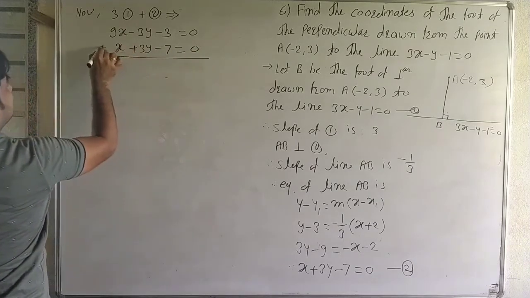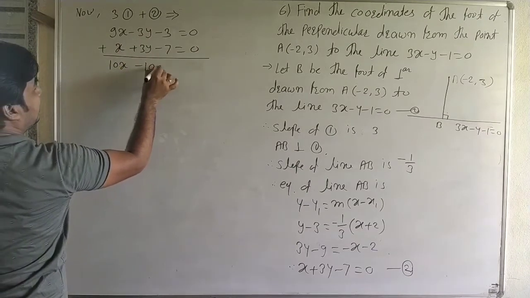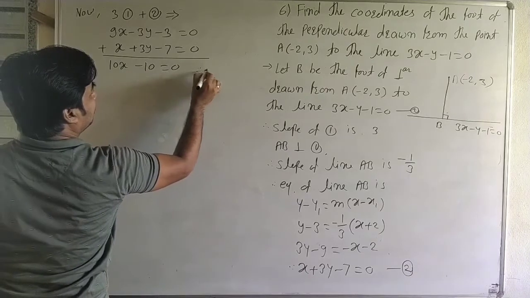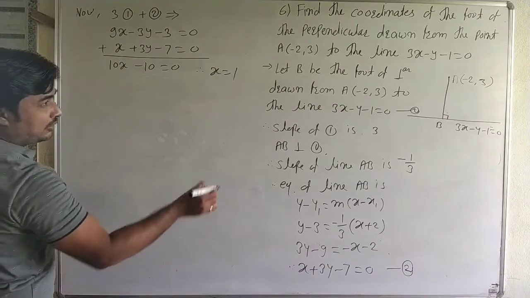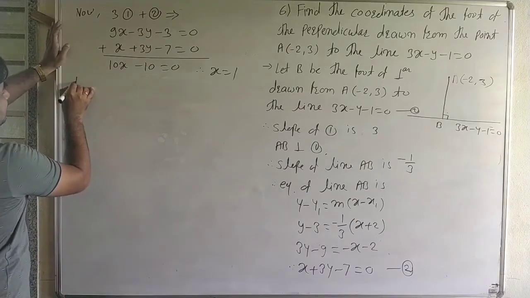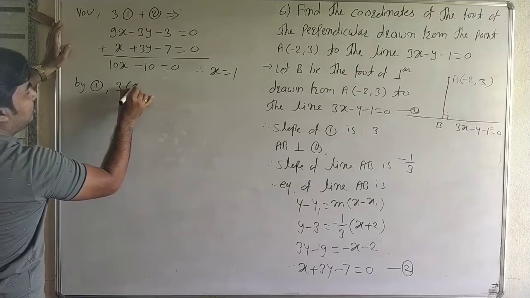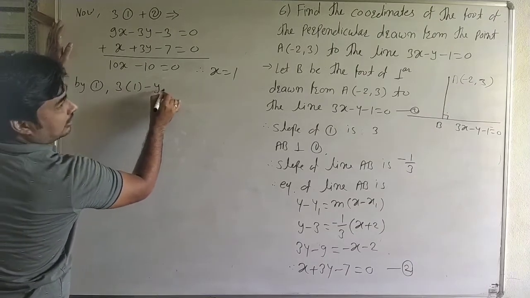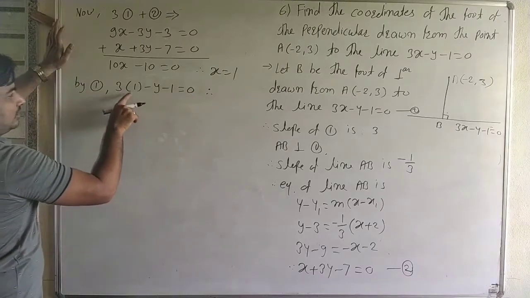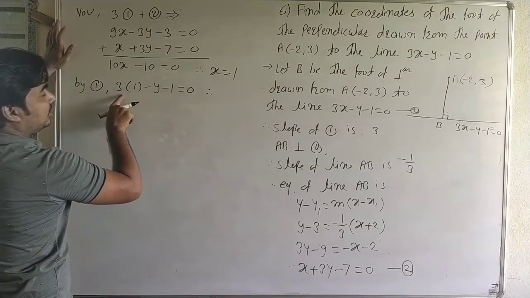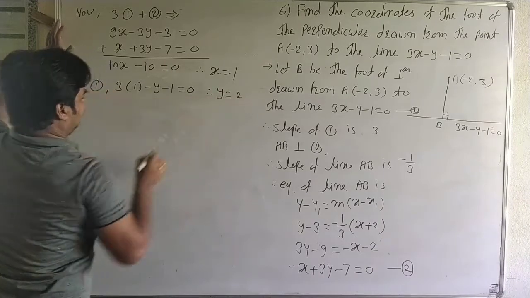Adding these, we get 10x, y gets cancelled, minus 10 is equal to 0, and therefore x is equal to 1. By equation number 1, 3 into 1 minus y minus 1 is equal to 0, and therefore 3 minus 1 is 2, so y is equal to 2.